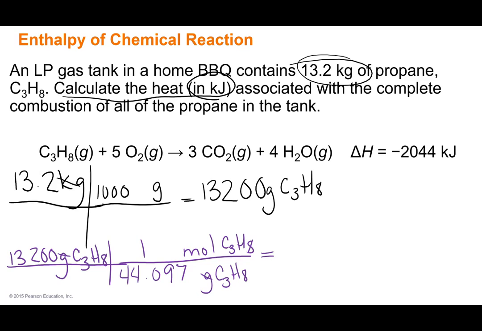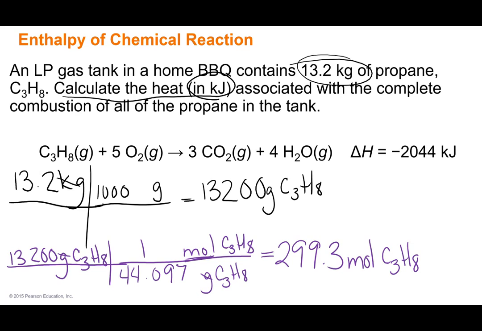Multiply across the top, divide by the bottom. So 13,200 divided by 44.097. And we get 299.3. We're in the unit of moles, so that's moles of propane. Okay. So those 2 steps are review.